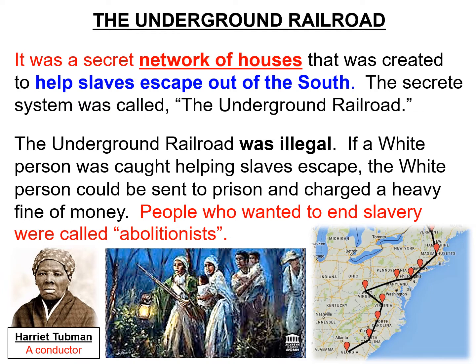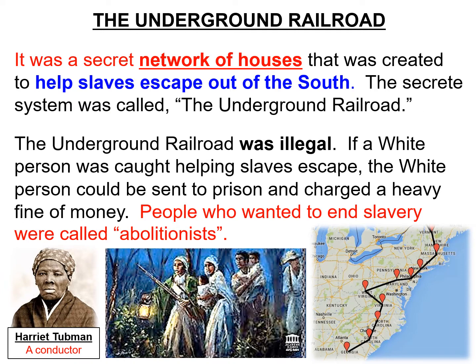Now, Harriet Tubman, she was a conductor. A conductor is a person who is a leader. So Harriet Tubman, she helped many slaves escape. At one time, I believe the government offered a $20,000 reward for her capture, but she never got caught.